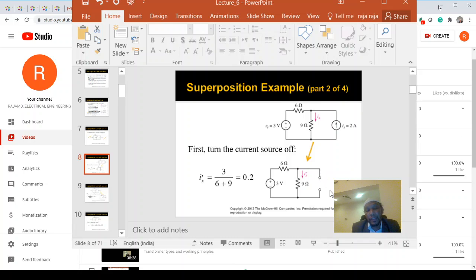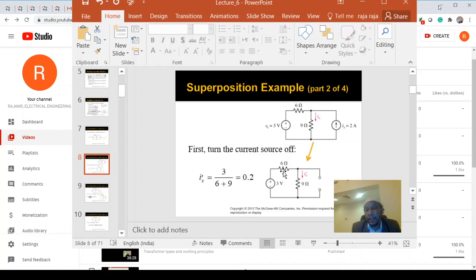So we know the concept. In the previous slide I explained the current source: if you want it off, you have to make it open circuit. So we make it open circuit here. Now I want to calculate the current flowing through the 9 ohm branch. That is our question. So I give a new name to the current: for case 1 it is Ix dash.